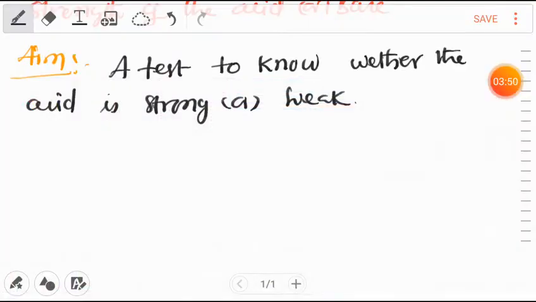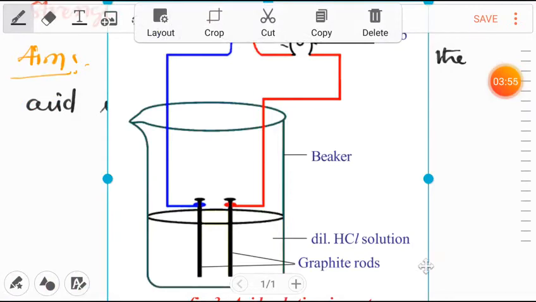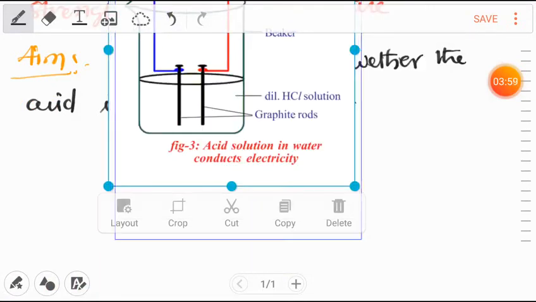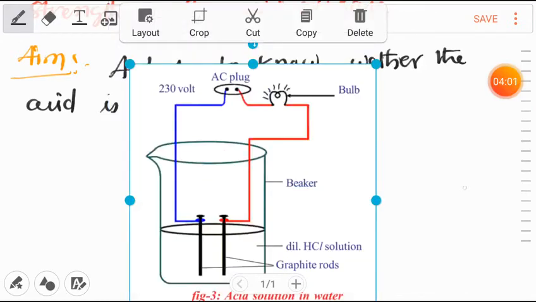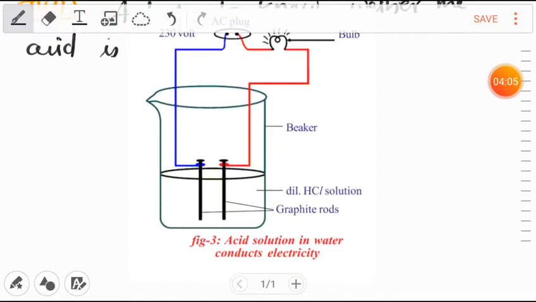So this is the image, and this is the image. Try to understand this experiment.